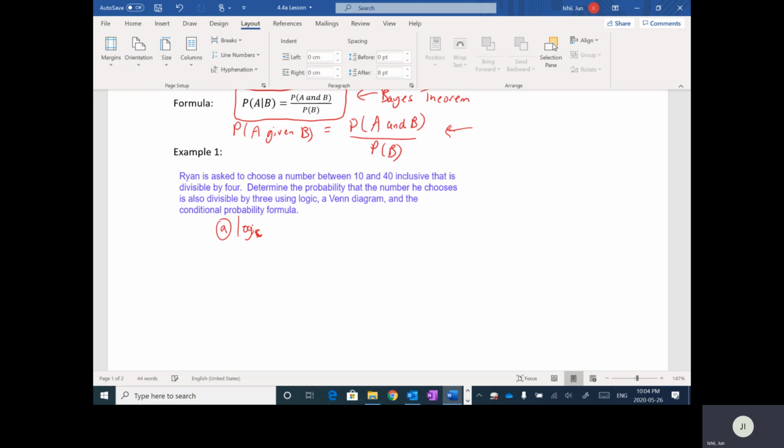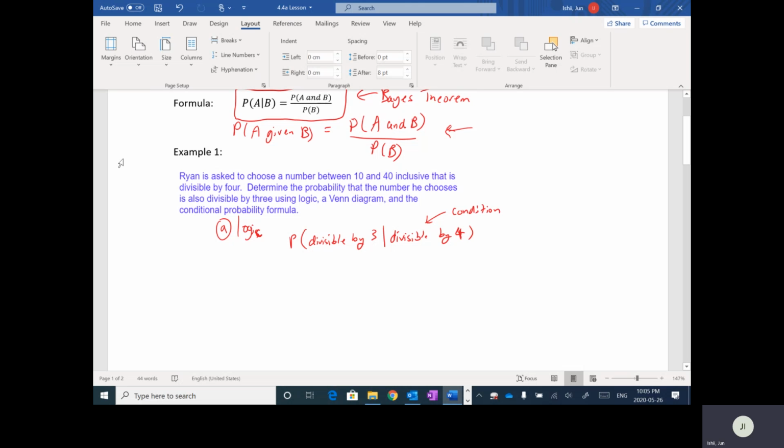When it comes to logic, we want to know the probability of getting a number divisible by 3, given he's already chosen a number that's divisible by 4. The divisible by 4 is already a given, so this is the condition.